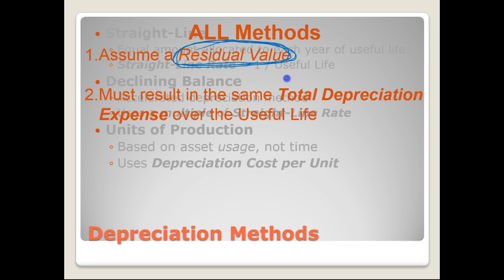And the total depreciation expense over the asset's life must be the same. Now, in the double declining balance method, we know it's going to have more depreciation expense in the early years than the later years, but the total should still be the exact same amount. In the next video, we'll actually cover how to deal with these three methods.